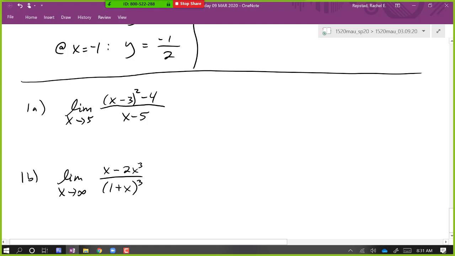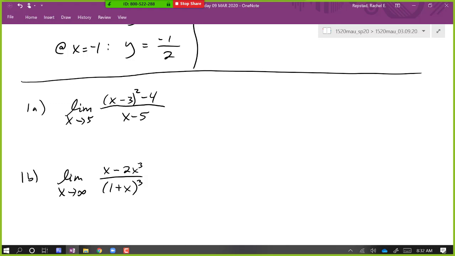Sometimes what I see happen on this test, because this chapter is so much about the derivative and just about every problem we're finding a derivative, except on these first types of problems, if you're just asked to find the limit, you're finding the limit. You're not going to use the quotient rule on these two.